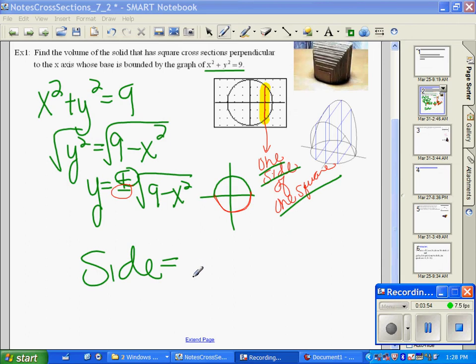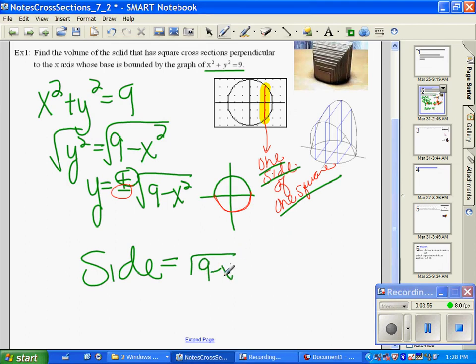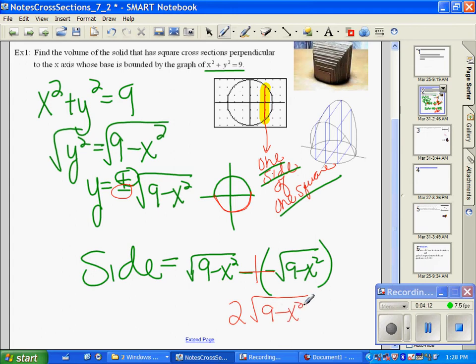My upper would be the square root of 9 minus x squared, because it's the positive root, minus the negative square root of 9 minus x squared, because that's the bottom part. But the negative turns into plus. Some of you should just realize that the length of this would be 2 times the positive root of 9 minus x squared. So this equals the side.